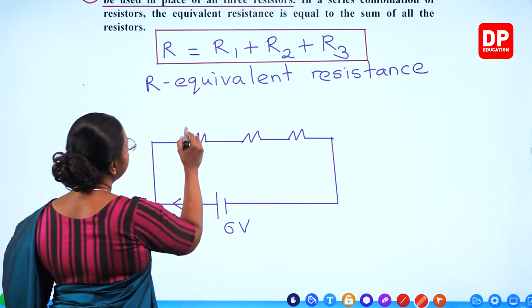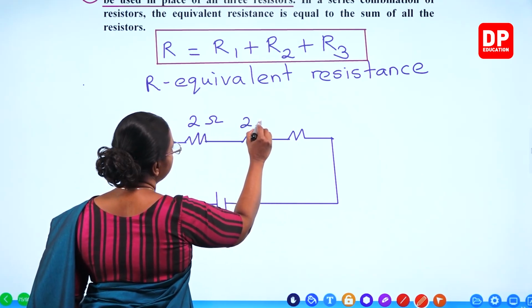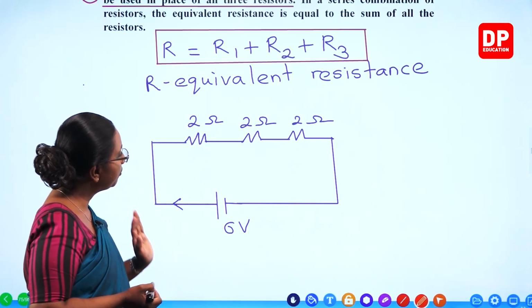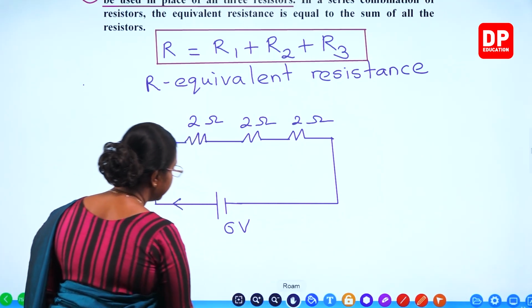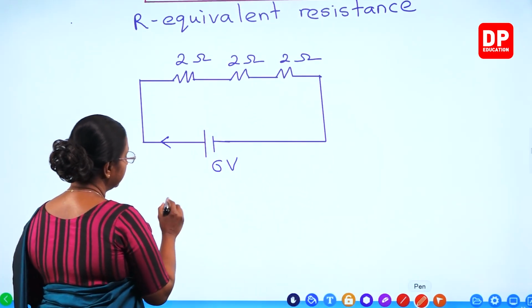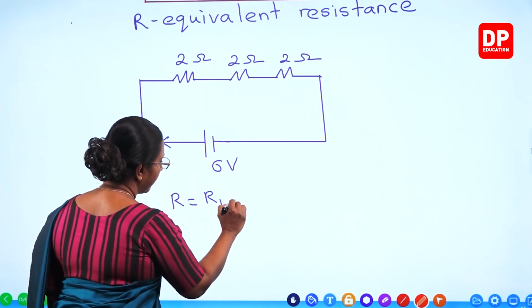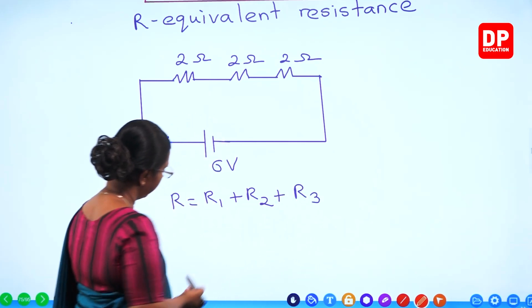Let's say we have resistors with equal magnitudes: 2 ohm, 2 ohm, 2 ohm. Now if you are to calculate the equivalent resistance, what is the equation we use? The equivalent resistance is equal to R1 plus R2 plus R3.